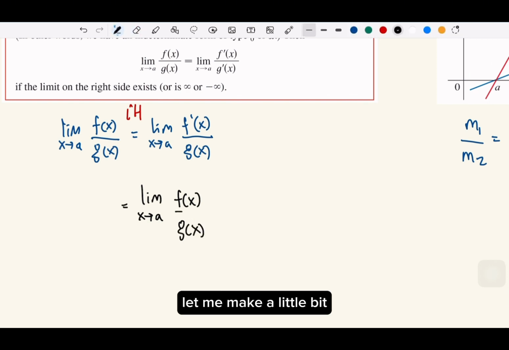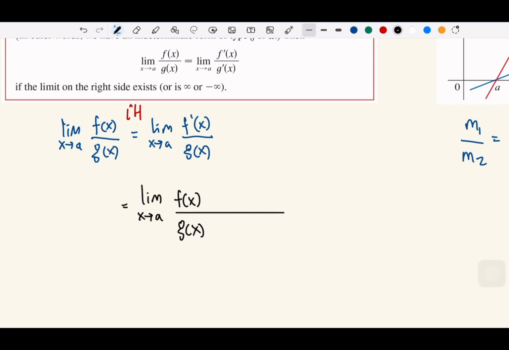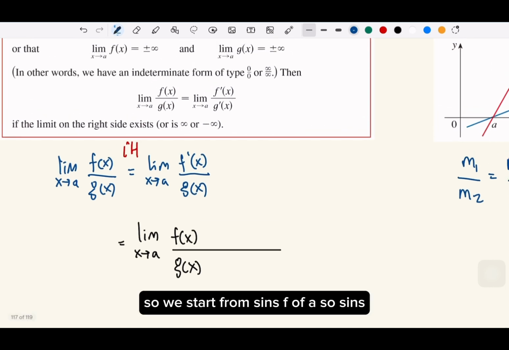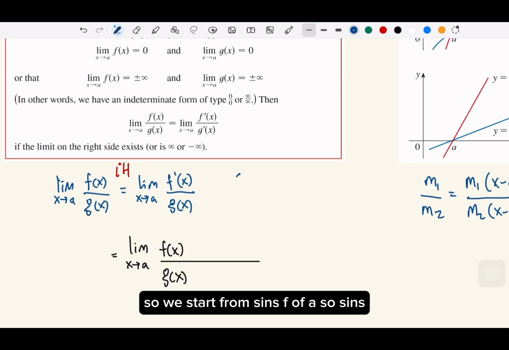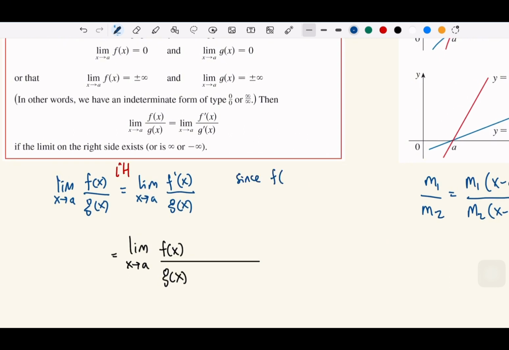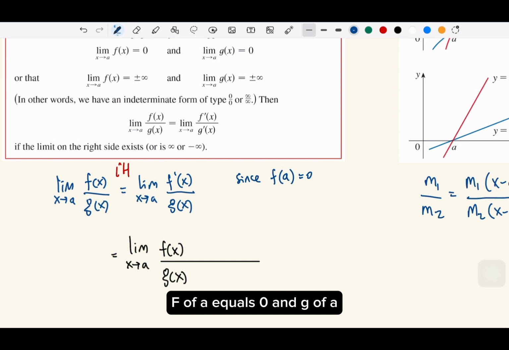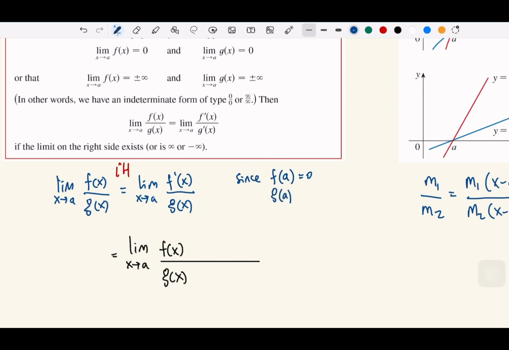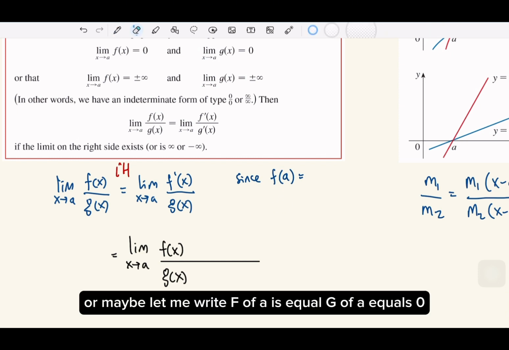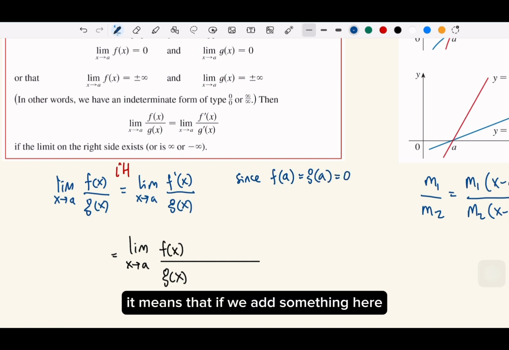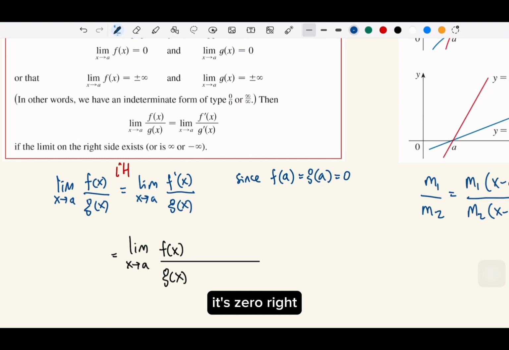Since f of a equals 0 and g of a equals 0, it means that if we add something related to f of a or g of a, it's 0, right?